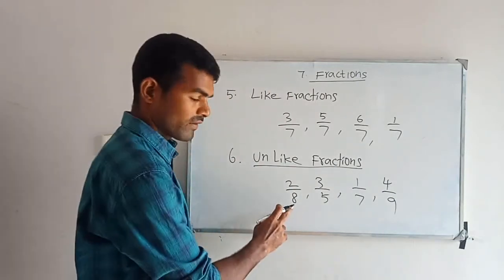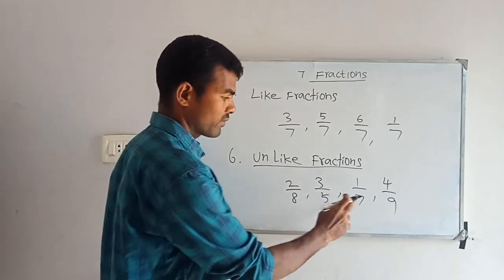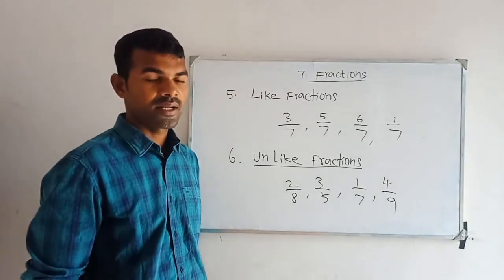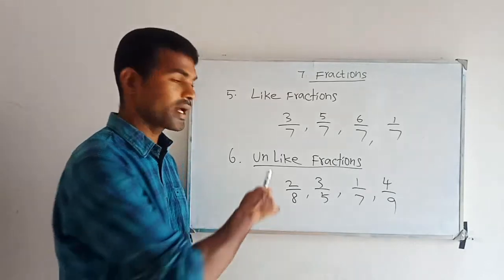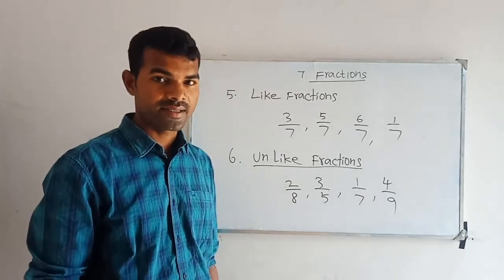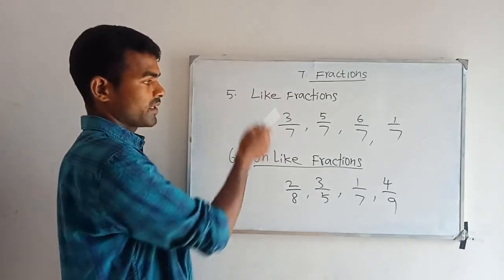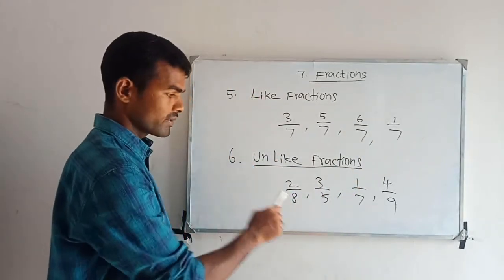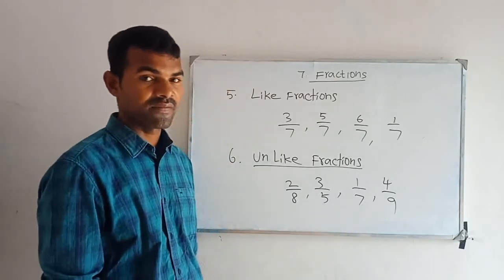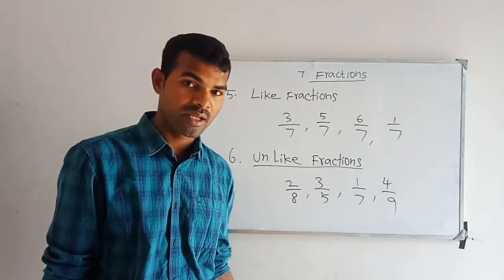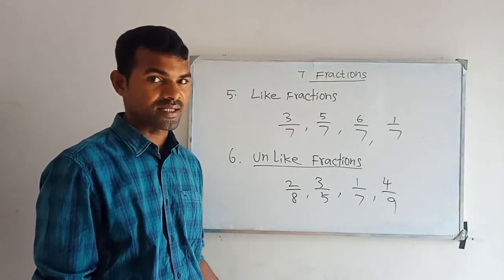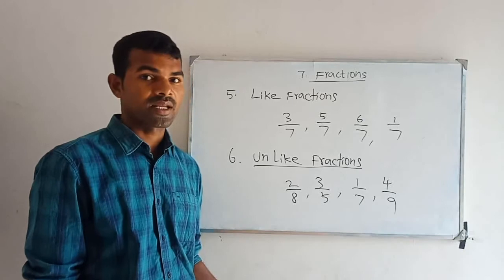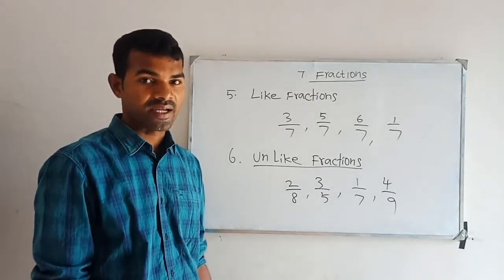The denominators 8, 5, 7, 9 are different, so that is an unlike fraction. Like fractions have the same denominator, but unlike fractions have different denominators.